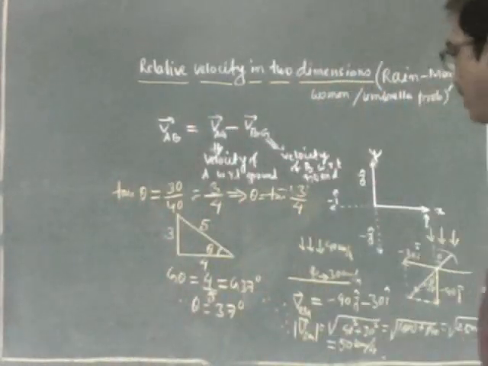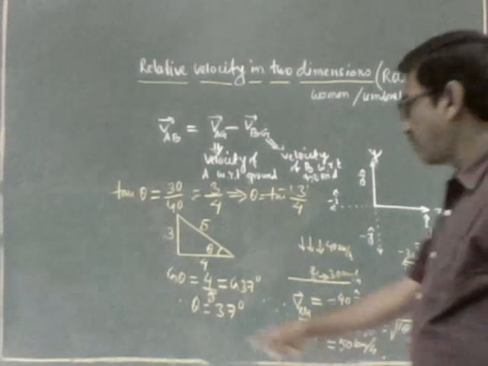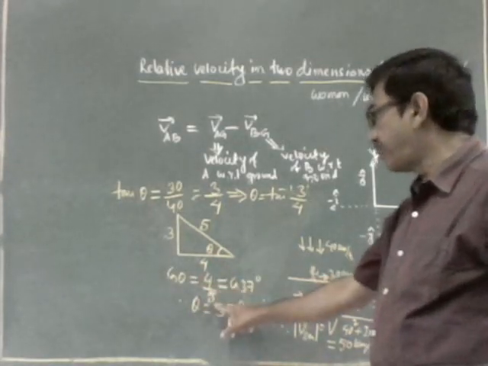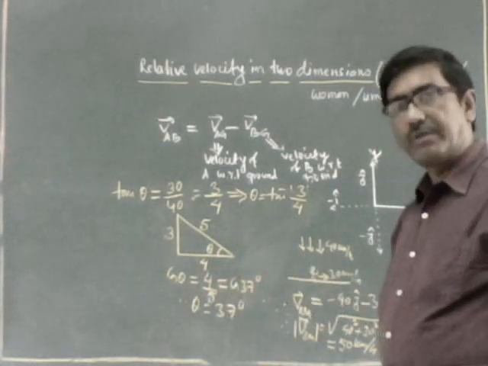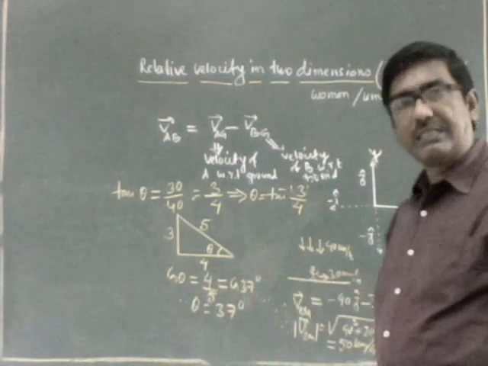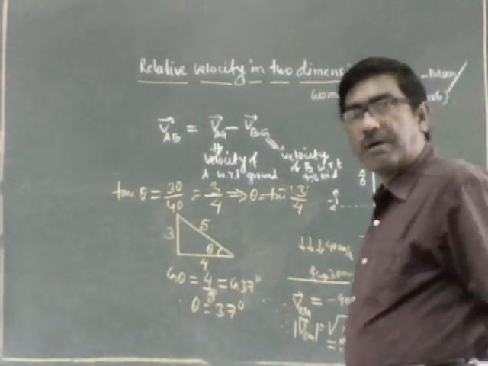Is it clear? So cos theta is 4 by 5 and cos 37 degree is equal to 4 by 5. Similarly, cos 53 degree is equal to 3 by 5.